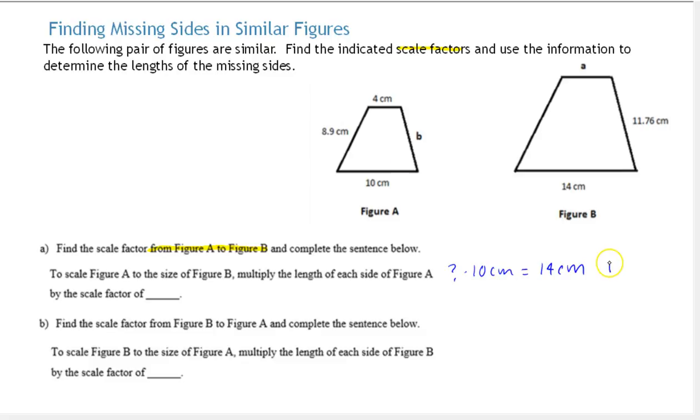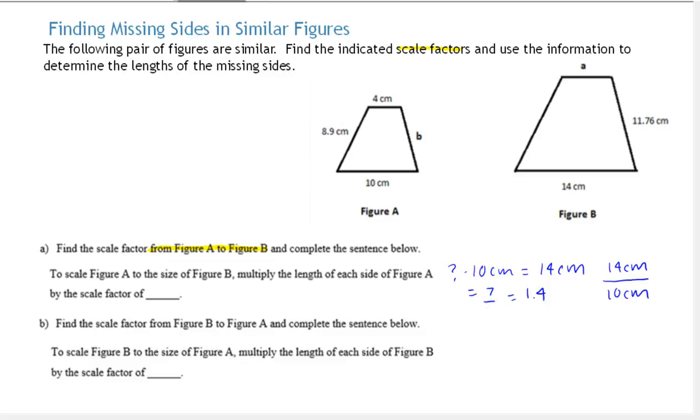Well, it's 14 centimeters, so figure B, its length and its corresponding length in figure A. So we have 14 centimeters over 10 centimeters, which equals either 7/2, 7/5, excuse me, or 1.4.